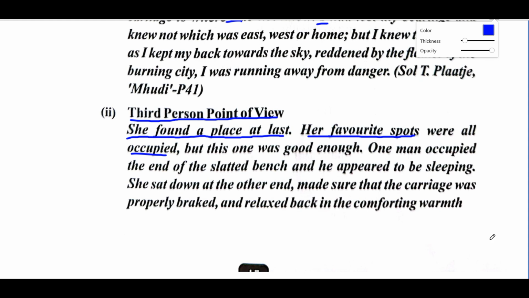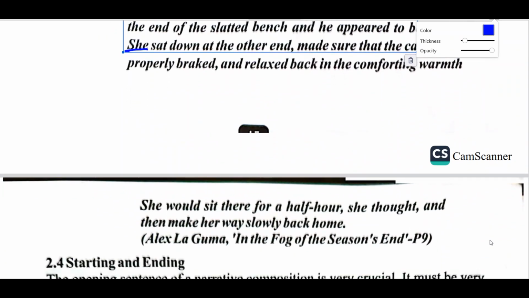So from here we have she, we have her. So as we can see, this is now the third person. So here we have looked at the point of view. You are supposed to use the first point of view or the third point of view.